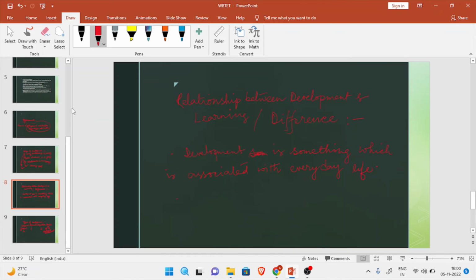Learning is a process which gets influenced by development.